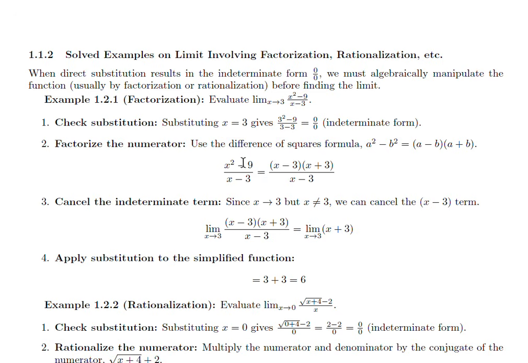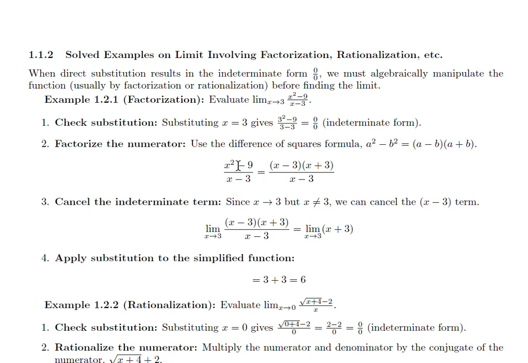So we need to proceed by applying the factorization technique in this case. We're doing that because we can spot a difference of 2 squares at the numerator. X is squared and 9 we know is 3 squared. And the difference of 2 squares from our basic algebra is split this way: positive and negative factors in 2 brackets.